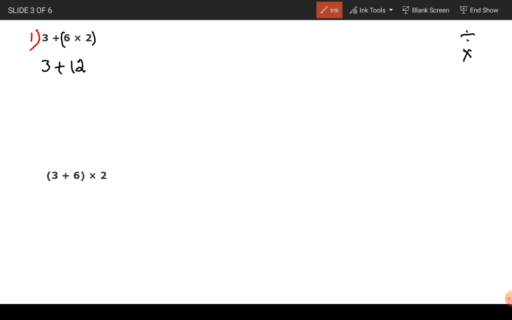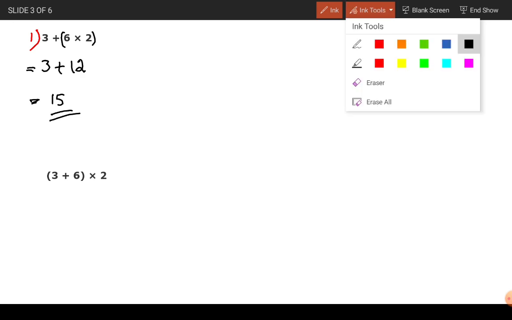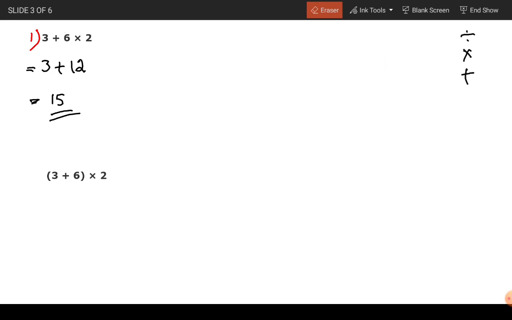After multiplication, the next operation to be followed is addition. 3 plus 12 is 15. So 15 is my answer in the first case. Remember, in the original question, there were no brackets, so you have to decide which to solve first based on the BODMAS rule.